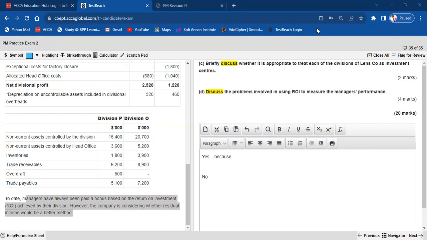Another problem with using ROI is that if the ROI of a division goes down as a result of the manager thinking about long-term success, and for that matter, buying an investment, this investment may be bought in the middle of the year, but the revenue it will bring will be only half of the year, but the full investment will be included in the calculation. When this happens and the manager does not earn a bonus for the year, this can create problems between managers.